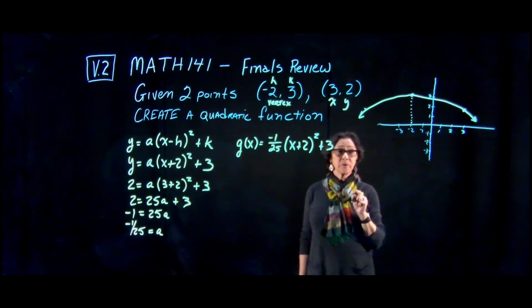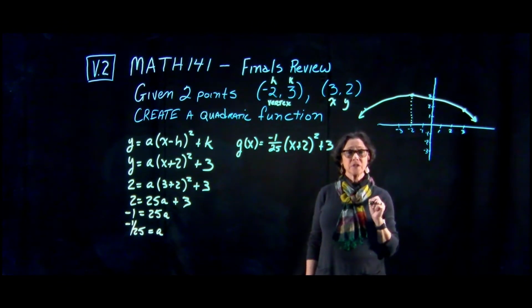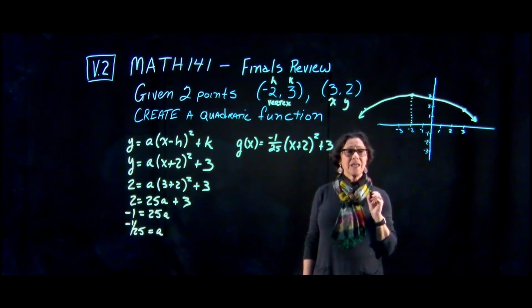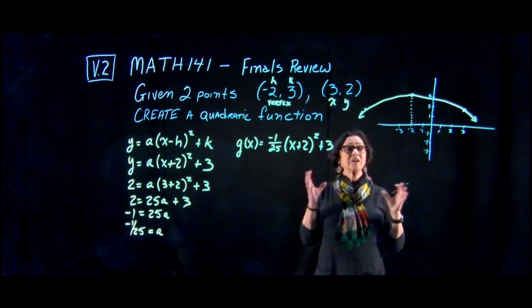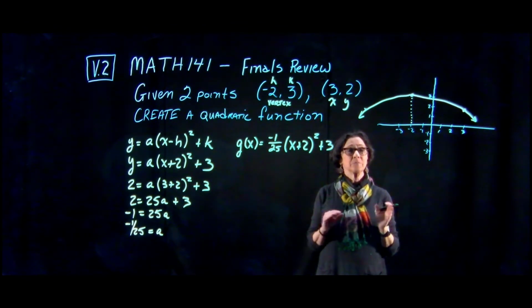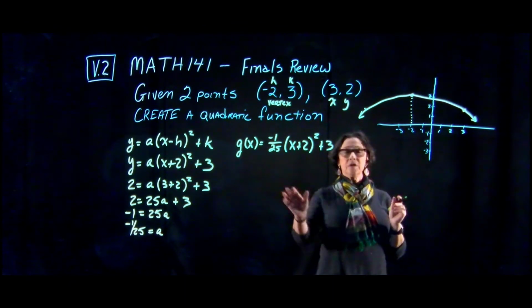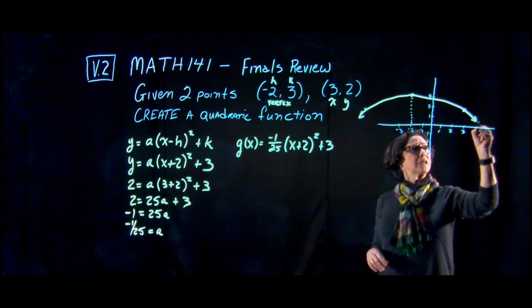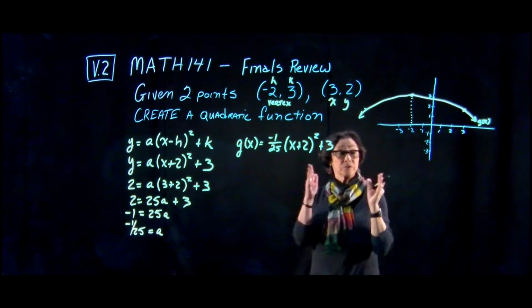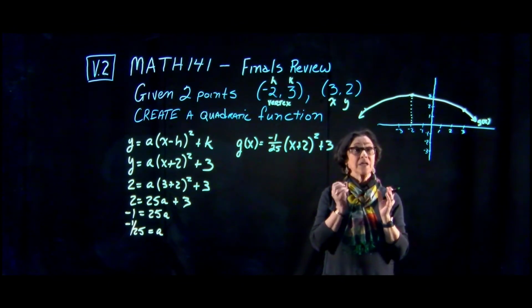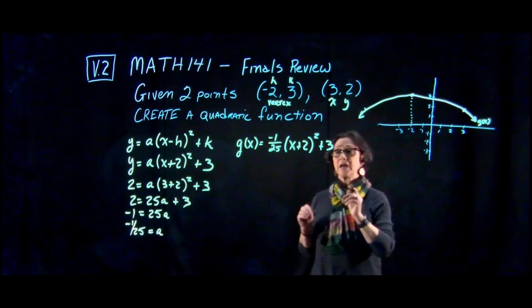Now, because the parabola is not a one-to-one function, we can't find the inverse function for the entire function. We have to split this up into 2 separate functions. So I'm going to call the right-hand leg my g of x, and I'm going to restrict the domain so I can create the inverse function for this g of x.